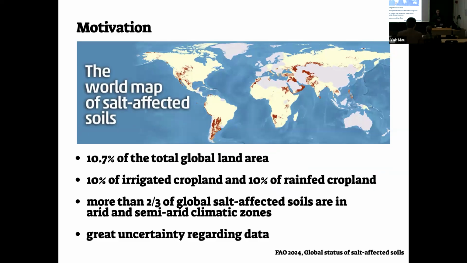We think that this problem affects about 10% of total global land area. 10% of irrigated croplands are affected, and also 10% of rain-fed croplands. And more than 2/3 of global salt-affected soils are in arid and semi-arid areas. All those numbers are very uncertain. It is hard to know precisely, but those are some estimates of this problem.